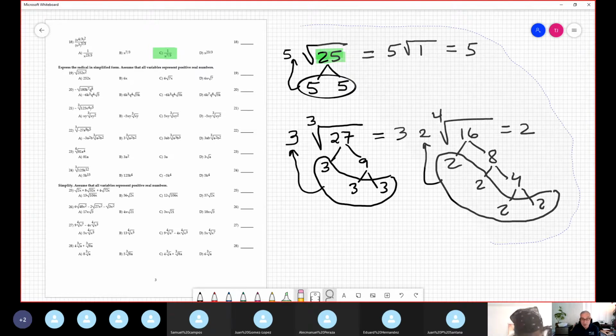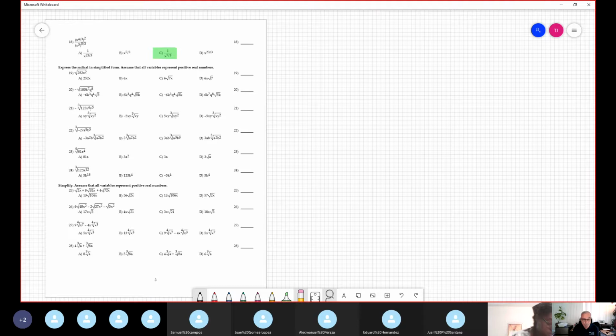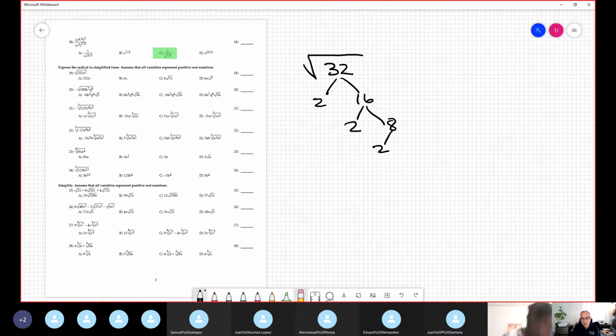Suppose that you have, for example, the square root of 32. Okay, same procedure. Break it down in prime factorization. 16, 2, 8, 2, 4, 2.